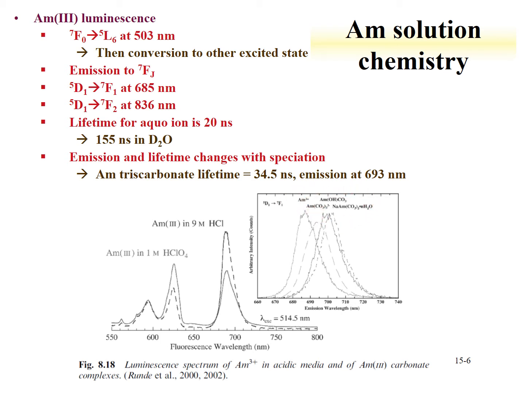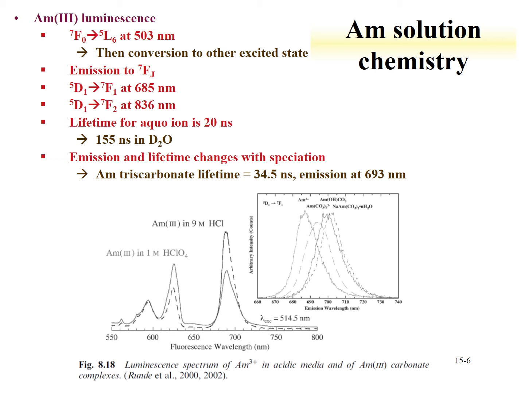With the carbonate system, it's on the order of 35 nanoseconds. And the emission is slightly different for the carbonate system, where you have an emission close to 700 nanometers, versus with water, it's at 685 nanometers. So with a laser system, one can pulse a laser. The time at which the excitation occurs can be known, and then the lifetime measurement can be made through a detector system.